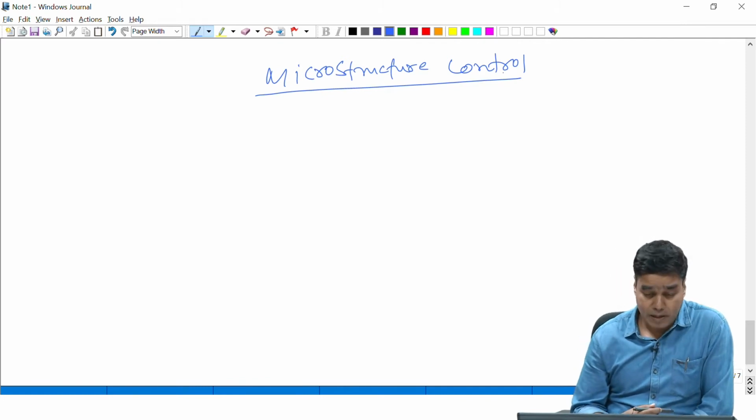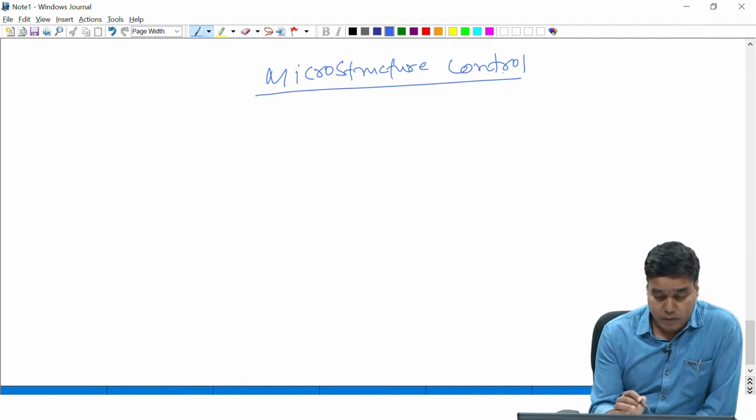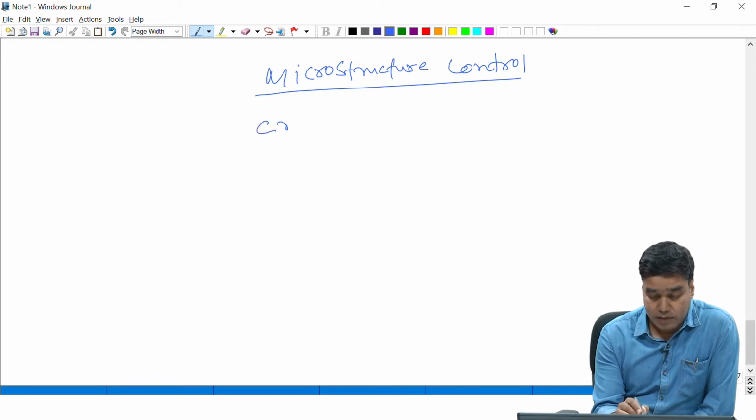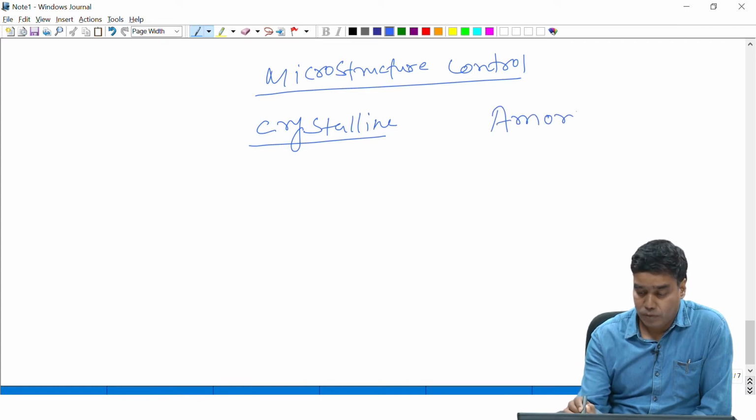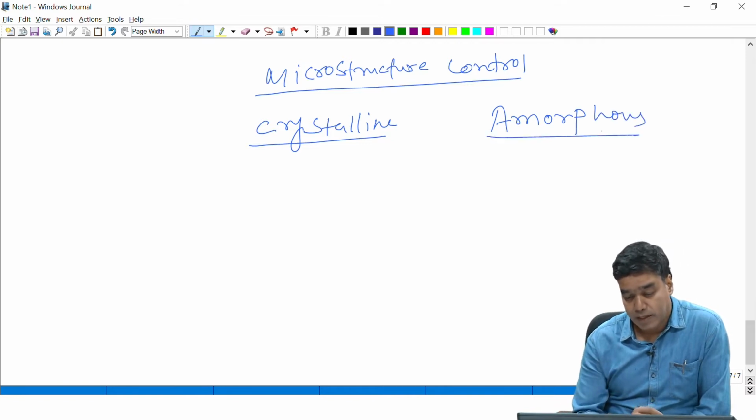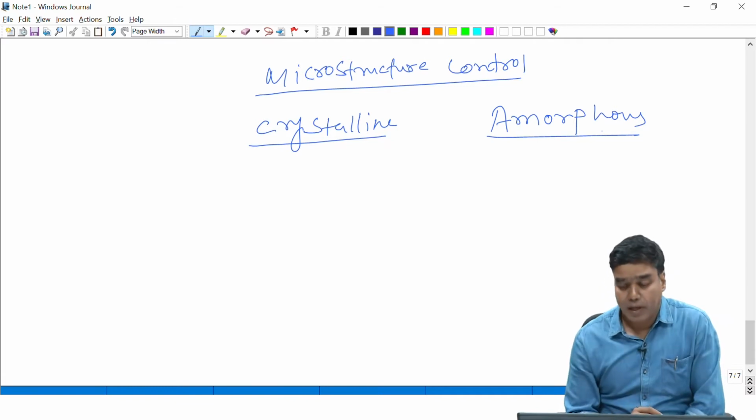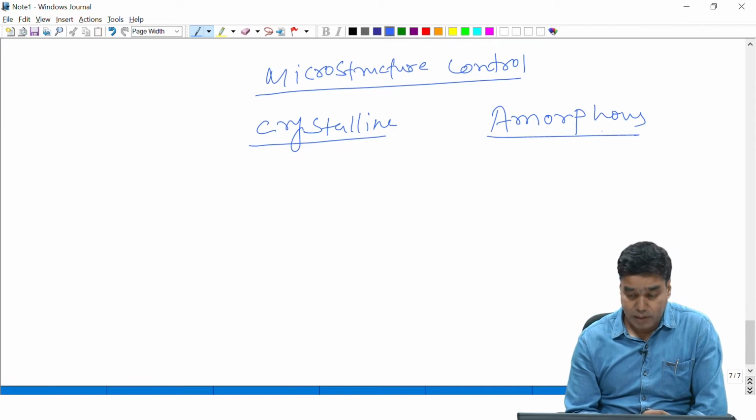In the previous class we have seen the solids can be categorized into two broad categories as crystalline and amorphous, and we have had a discussion on what a crystalline material means and what is the structure of a crystalline material and so on.